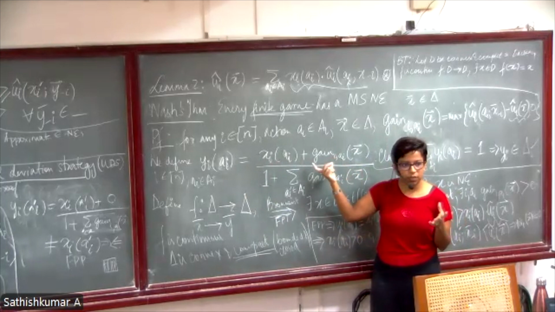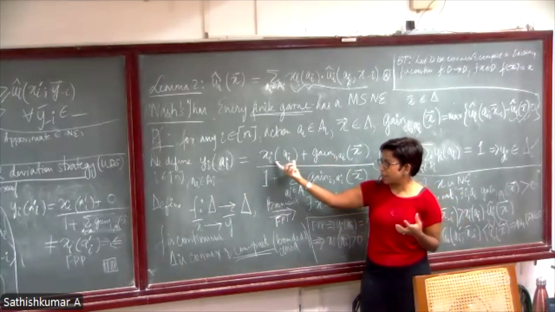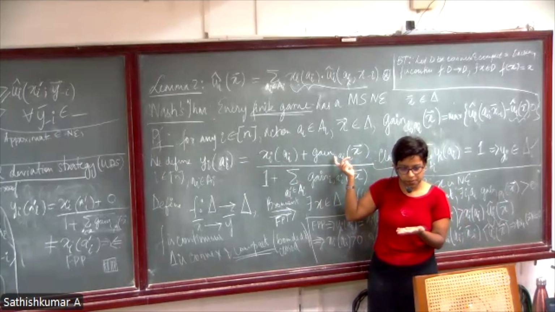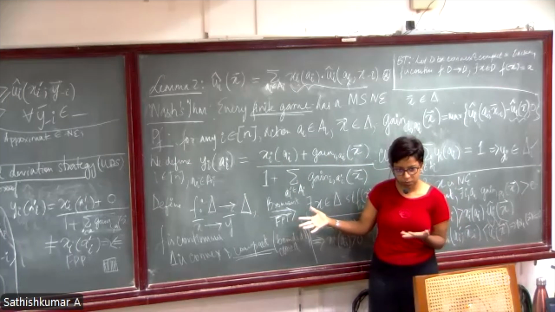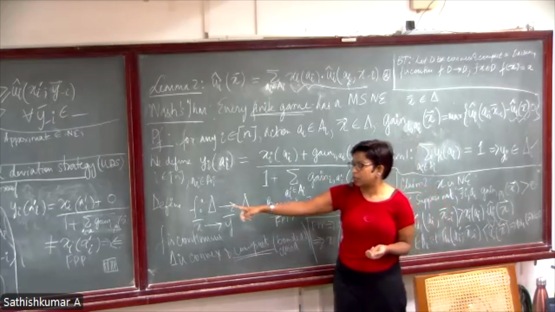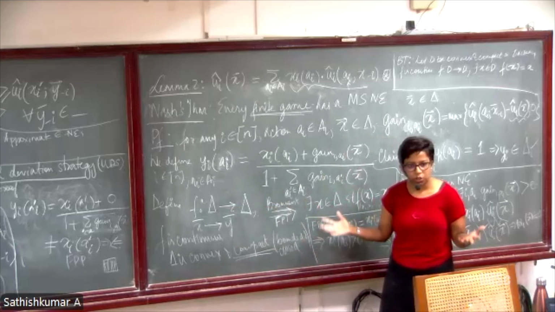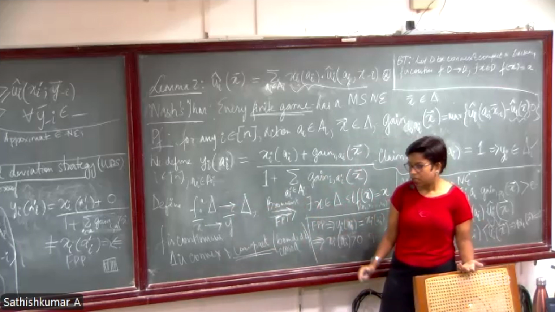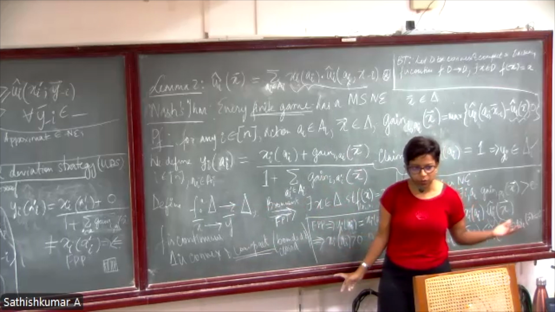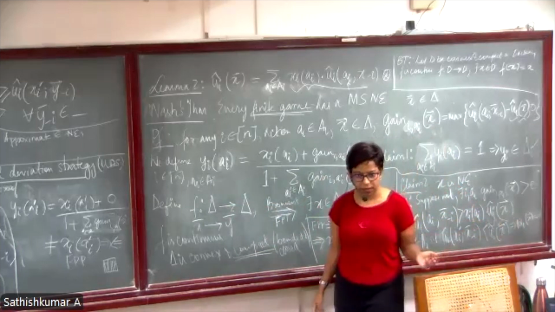So the main thing is to look at the numerator. It's the same thing, slightly weighed up by the amount of gain. Then, of course, using this topological result, that when you have a function like this on the product simplex, you basically get a fixed point. Now, just using the definition of the fixed point, you can basically get this thing back.